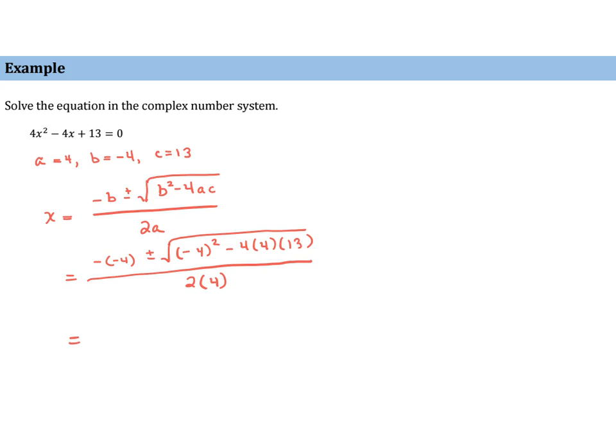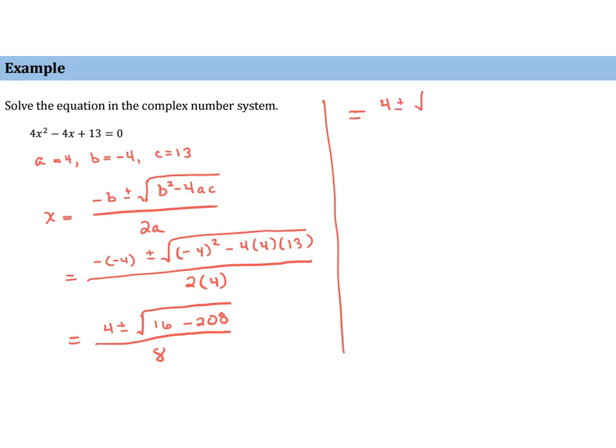So we have 4 plus or minus the square root of 16 minus 208, all over 8. So this is equal to 4 plus or minus the square root of negative 192, over 8.